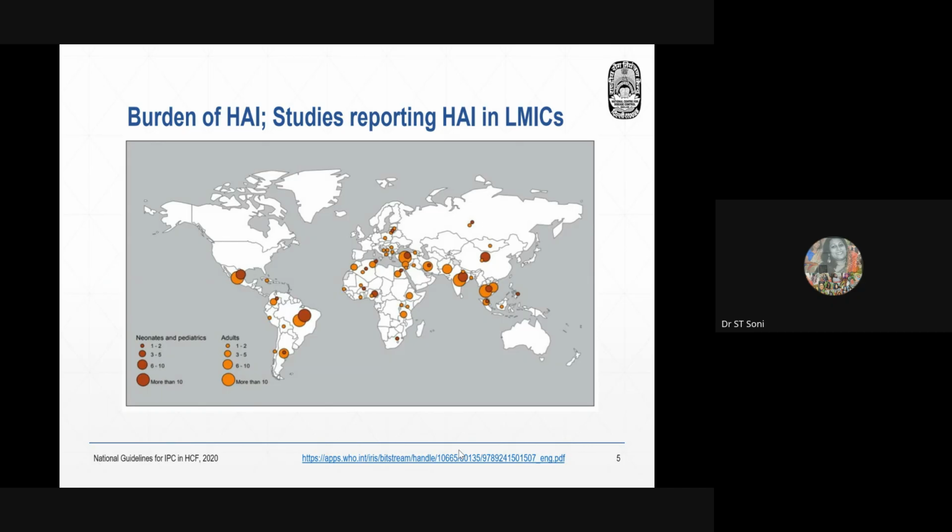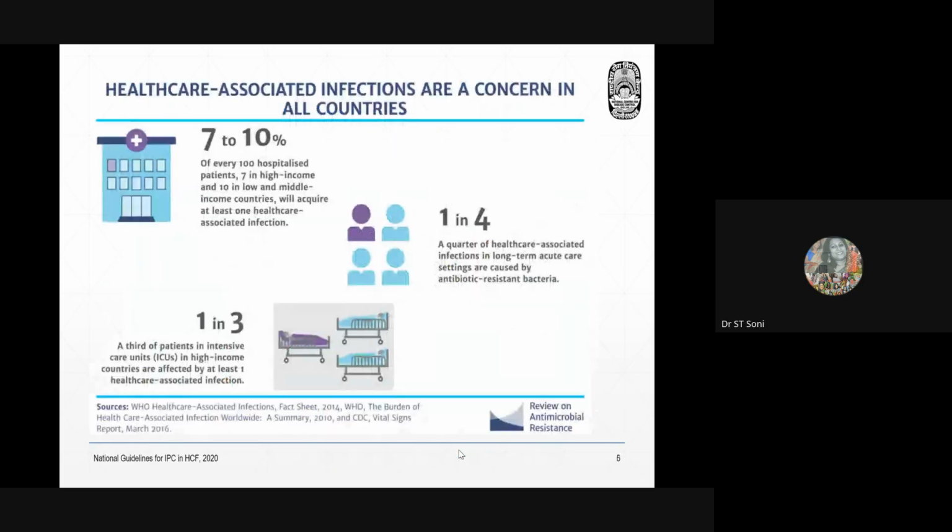If we see our country, the rate of HAI is more than 10. So it shows that it is a significant amount, and a lot of burden to our own country and to all healthcare settings.